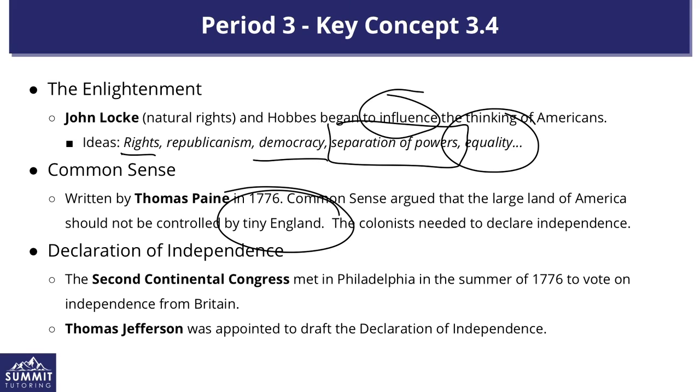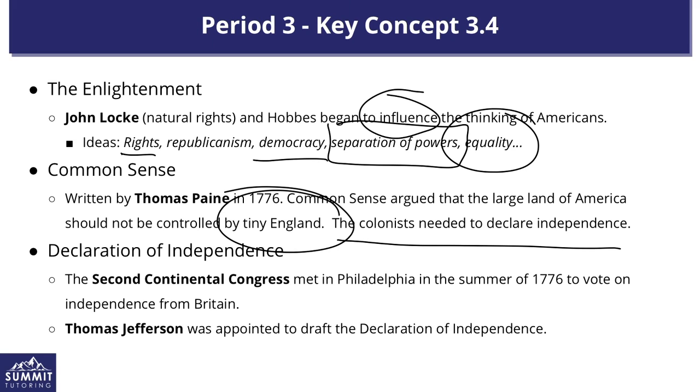And he believed that the colonists really needed to declare their independence and move on. He was totally fed up with how the British were treating these colonists and these settlements, and were still so heavily taxing them without any representation, without any say in the way that their government is run. And that's why we're going to start to see this shift.